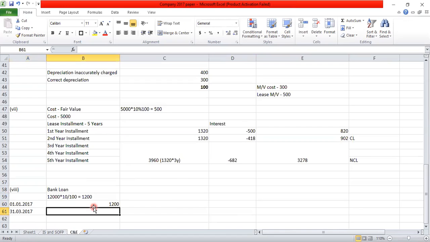It's 3 months. So I want to calculate only for 3 months. So 1,200 divided by 12 into 3 will give me 300, right? But how much bank loan interest have they paid? Let me see how much they have paid.